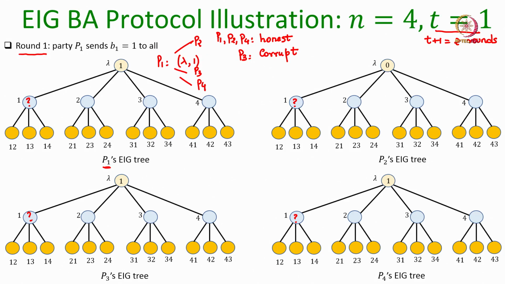Okay. So, that is why at the end of round 1, everyone will assign the value 1 to the node with the label 1 in their respective copies of the EIG tree.